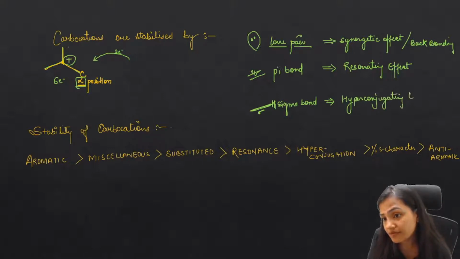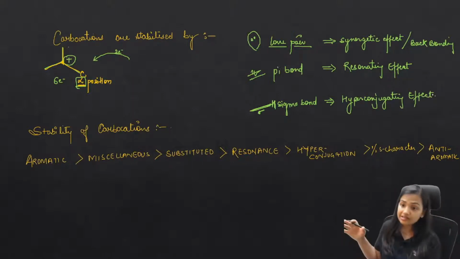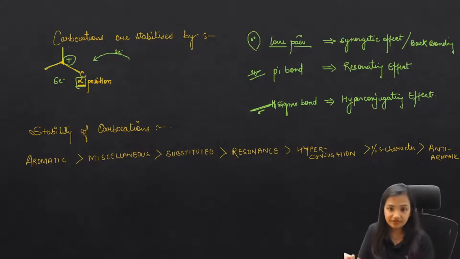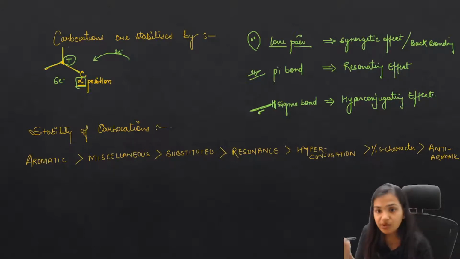I will tell you everything, so don't worry about it. As I said, please watch the lecture till the end and everything will get covered. Basically, the more the number of alpha hydrogens, the more the stability. Got it? This is the point which I want to make.